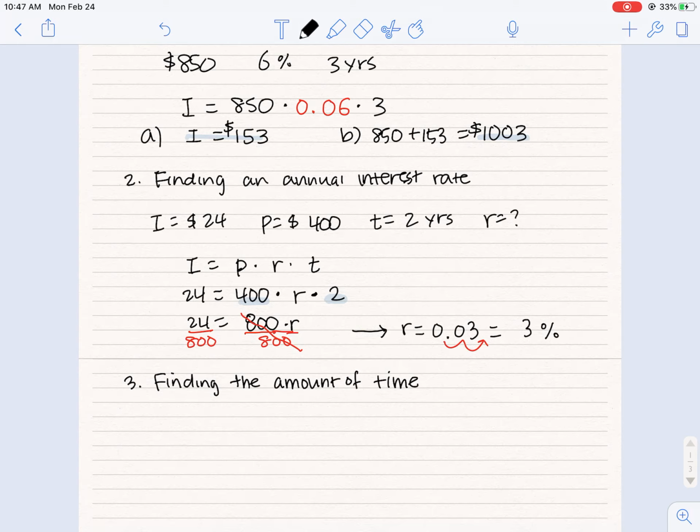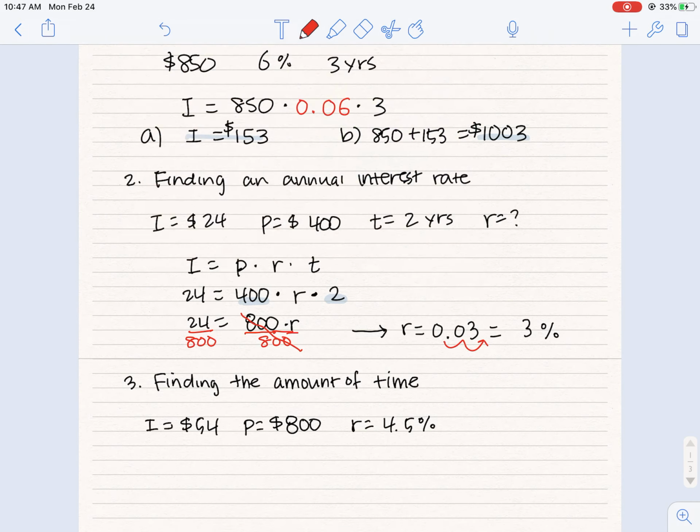Again, I'm going to use one of the odd numbers. I'm going to do number 19 because it's using decimals for the percentage. So I, which is interest, was $54. My principal was $800, and rate is 4.5%.